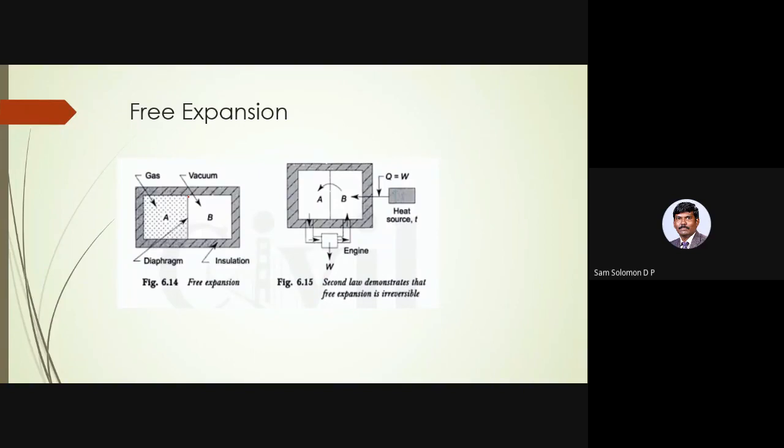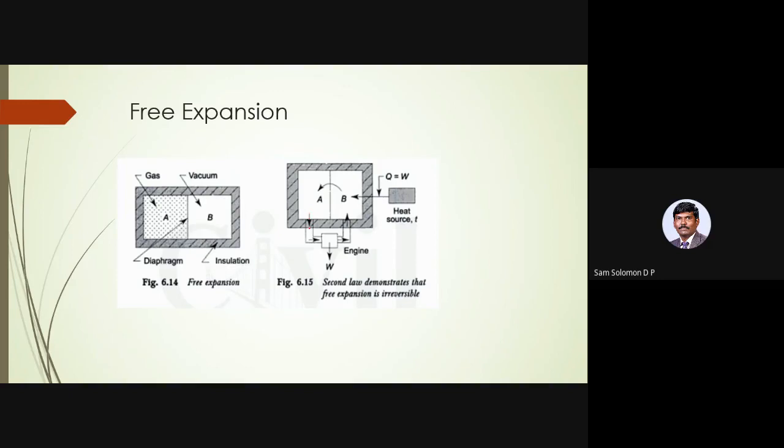So now we are going to see whether this free expansion is irreversible or not. Just like the previous case, let's assume that free expansion is also reversible. So instead of allowing this gas to go through this diaphragm by removing it, I have an engine here.